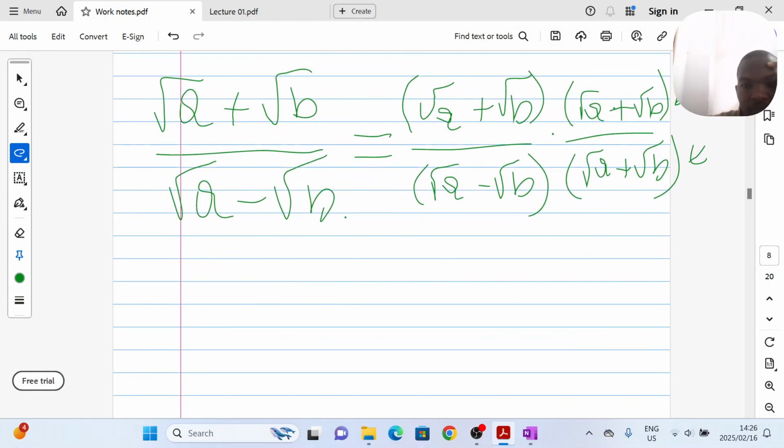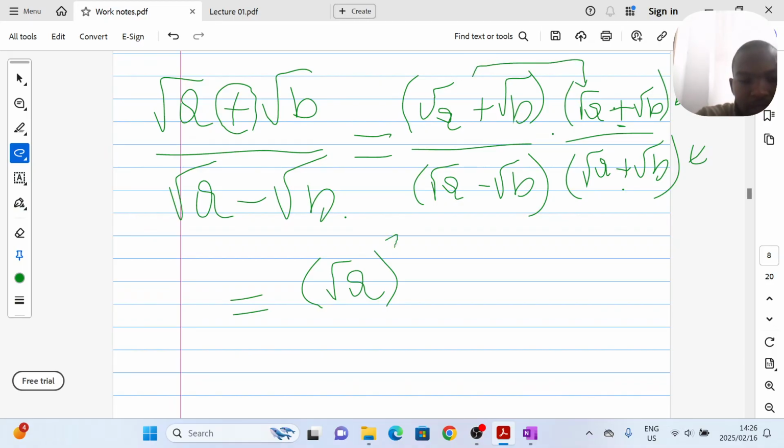How you rationalize: change the sign. If the question was rationalize the numerator, we're going to change this sign, and then here we're going to have minus and a minus. But it's rationalizing the denominator here. So the numerator is the same as square root of a multiplied by this and that.